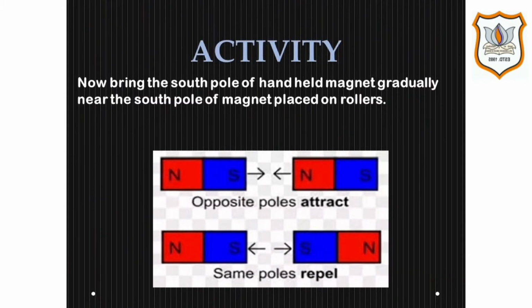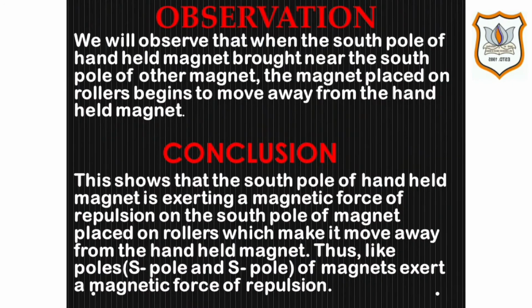Now bring the south pole of the hand-held magnet gradually near the south pole of the magnet placed on the roller. After performing this activity, we will observe that when the south pole of the hand-held magnet is brought near the south pole of the other magnet, the magnet placed on the rollers begins to move away from the hand-held magnet.